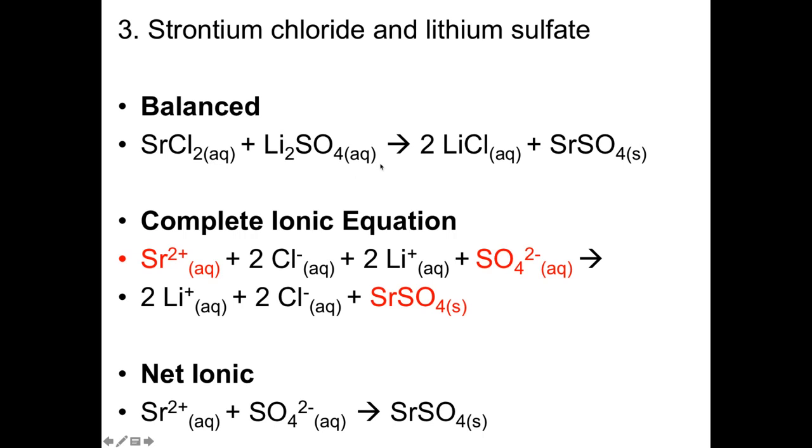And then the states come from solubility rules. Complete ionic, same process we've done before. All the aqueous are broken apart. The ion that's solid is here. Then when you pull everything out to get the net ionic, you'll get Sr2 plus and SO4 2 minus to get SrSO4 solid. Do you have any questions on this?